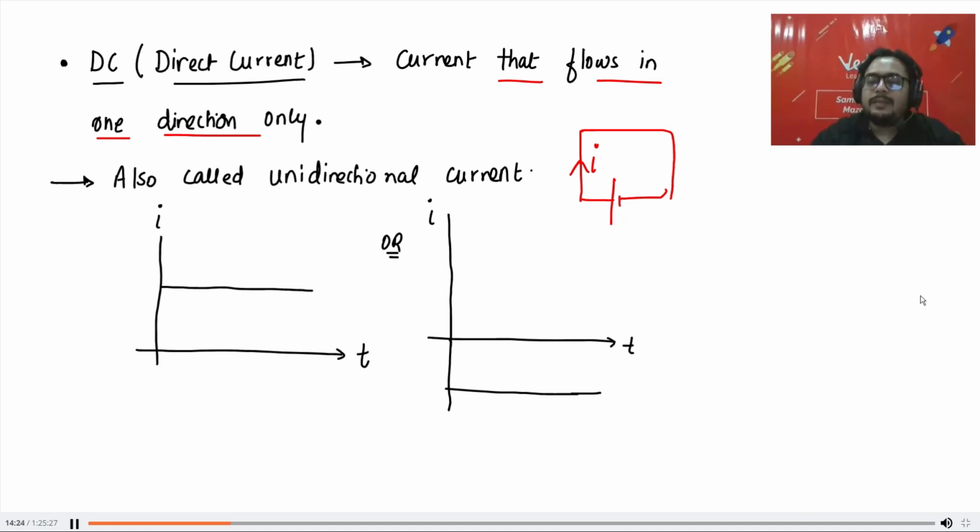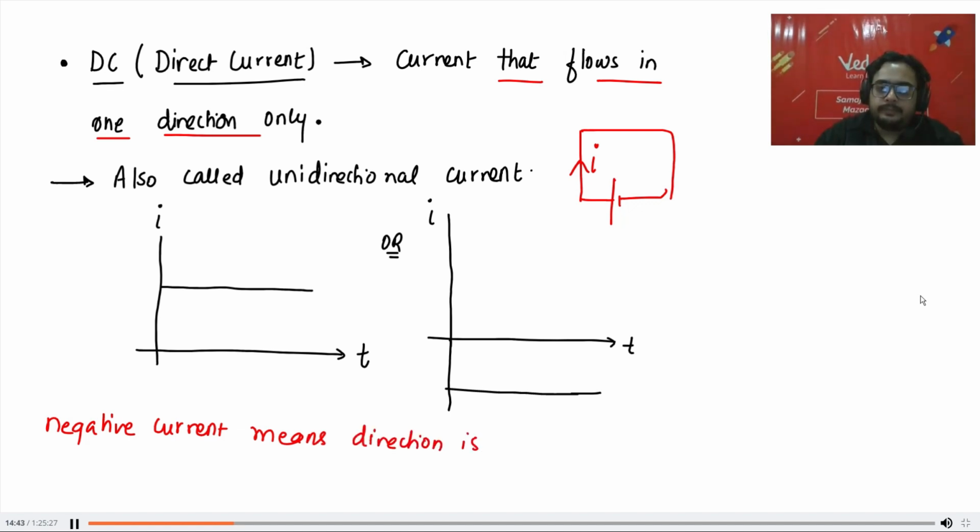Now, what is the meaning of negative current? Negative current means direction is opposite.